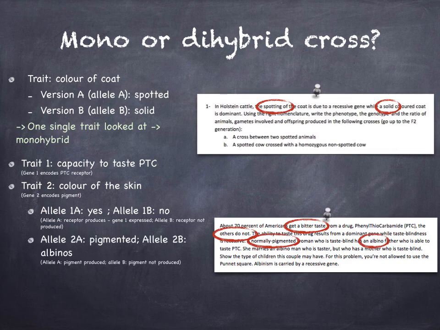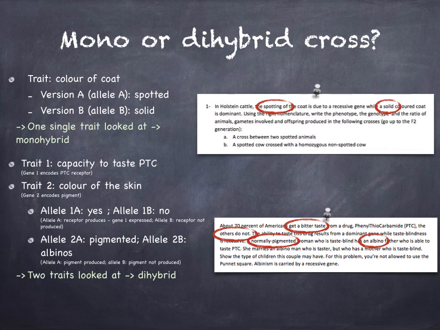In the case of trait number 2, the gene that is responsible for the color of the skin, the pigmentation of the skin, there is one version where the pigment is present, so the skin is normally pigmented, or a version where the pigment is not present and therefore the person is albino. So in this case, we look at two different traits, therefore it is a dihybrid cross.